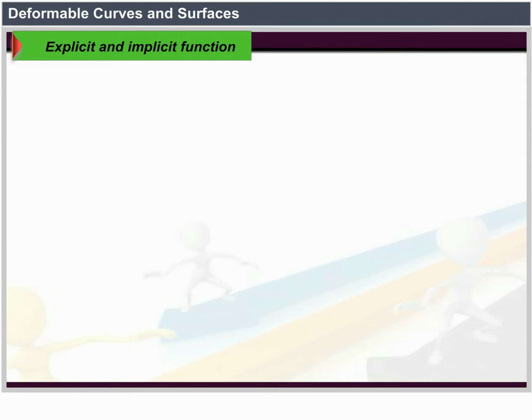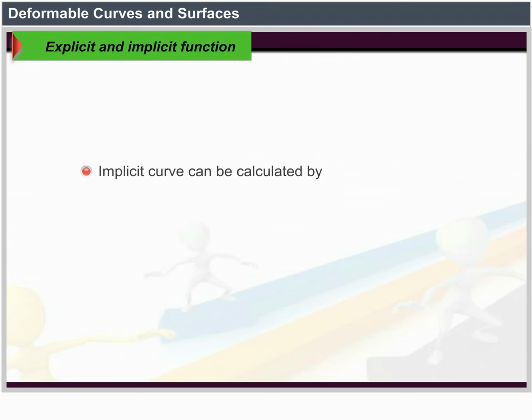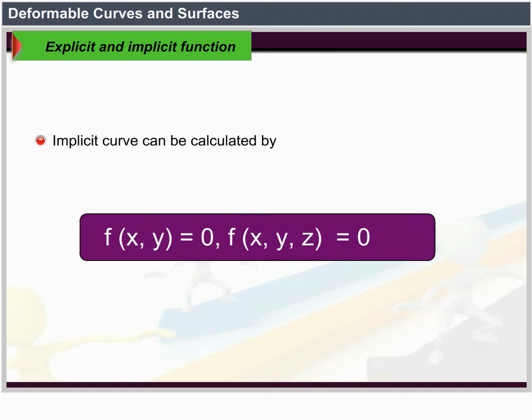Explicit and implicit functions. An explicit curve can be calculated by y equals f of x, z equals f of x, y. An implicit curve can be calculated by f of x, y equals 0, f of x, y, z equals 0.